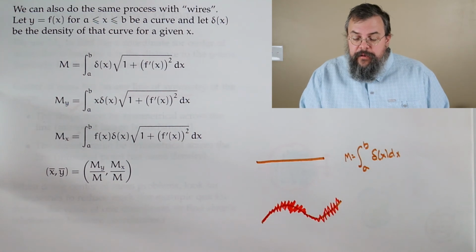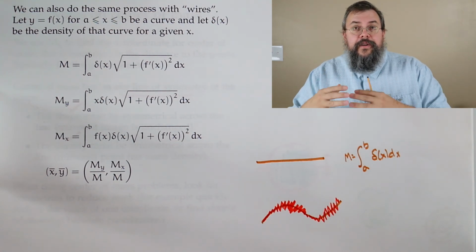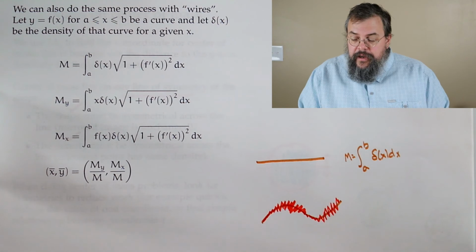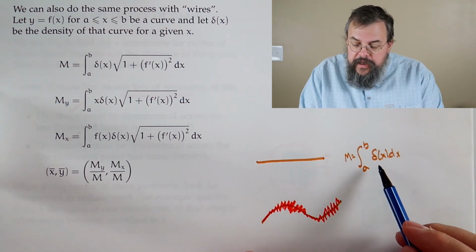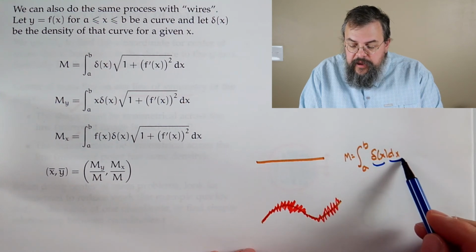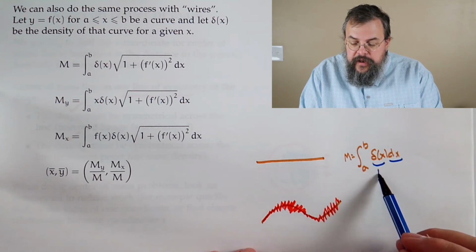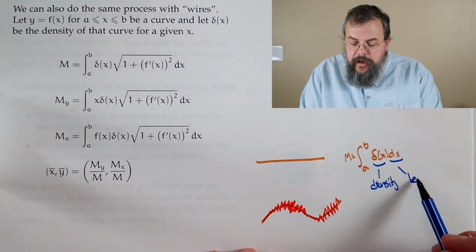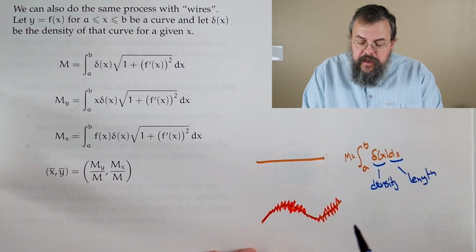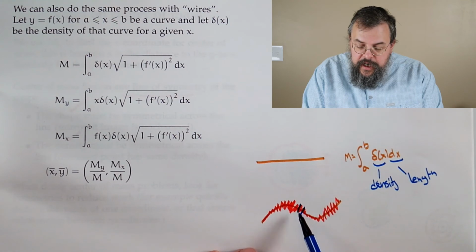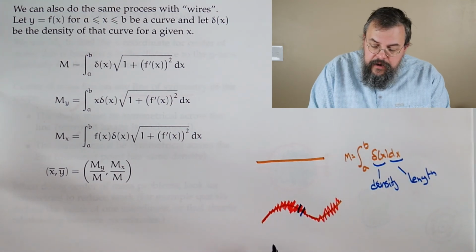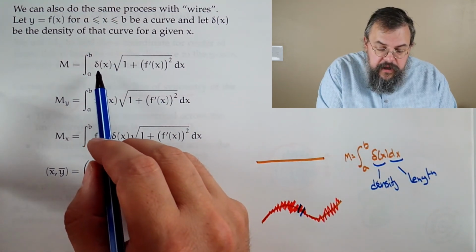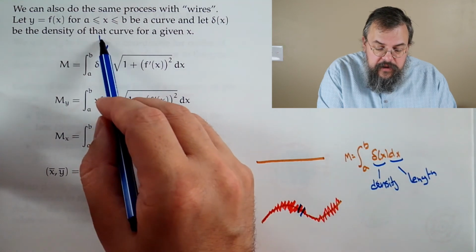So we just have to think about, well, what are the analogous pieces? And if we think about what we had before, we said, well, look, we had a density times a length. That was what was happening before, density and length. Well, now we say, hey, let's do the same thing here. We can chop it up into little tiny parts. And now we have a density. So that's our delta x.